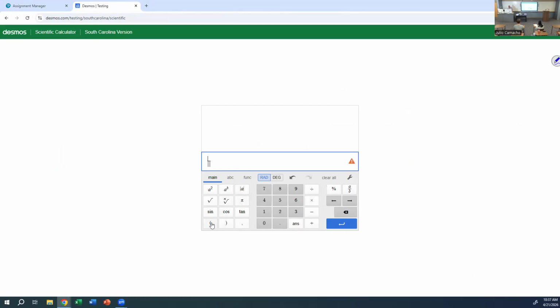I will put in parentheses to tell my machine what I want it to do first. Negative 5 plus the square root of 33. And then in the bottom, I'll put 2. And that is the answer. So I am telling my calculator, please first do this equation, and then whatever the answer is, divide it by 2.